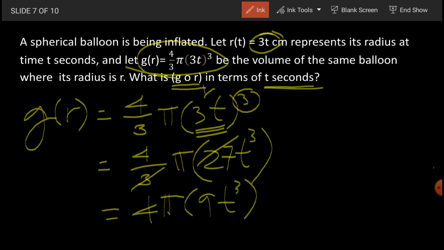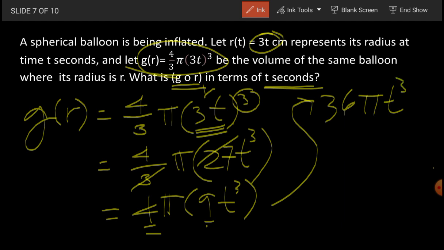So you can now multiply 4 and 9 because they are both numerical coefficients. So 4 times 9, that's 36. So we can continue it here. So that's 36 pi t cube.